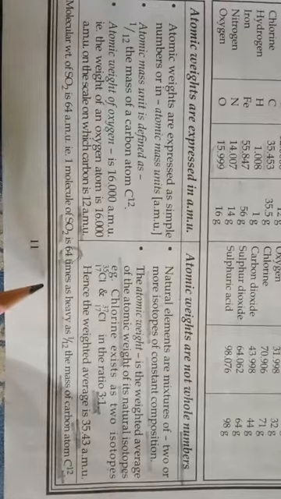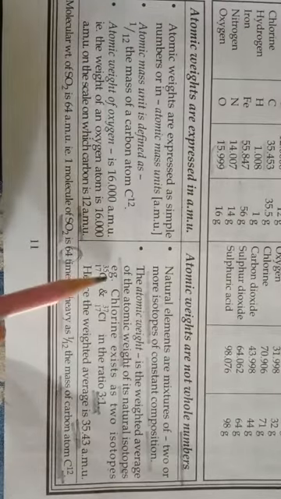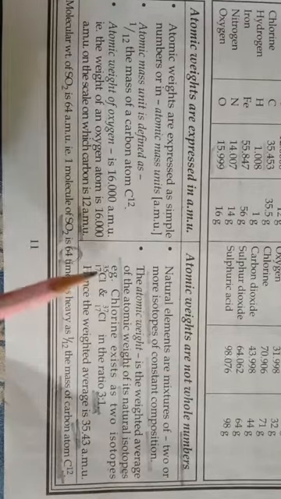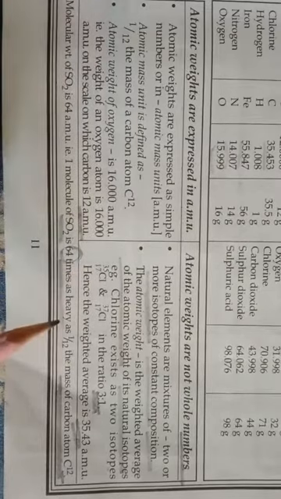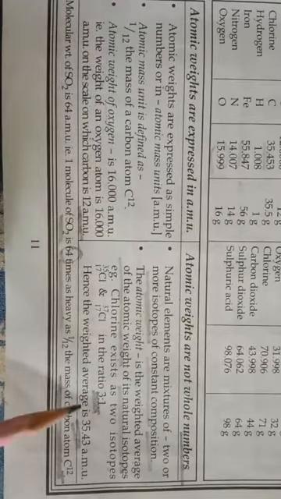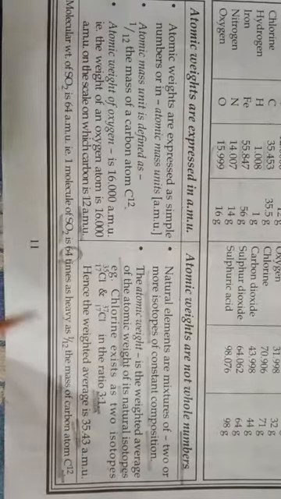So first we have to find out the total abundance of different isotopes and divide by the total of the ratio.